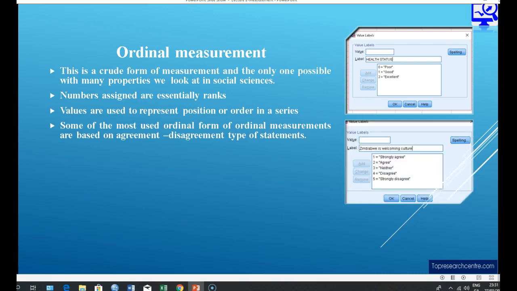For example, we can have an attitude statement such as "Zimbabwe is a welcoming culture," and we have responses such as strongly agree, neither agree nor disagree, and so on, like in a Likert scale. So you find that these numbers assigned are relative in this series of responses.